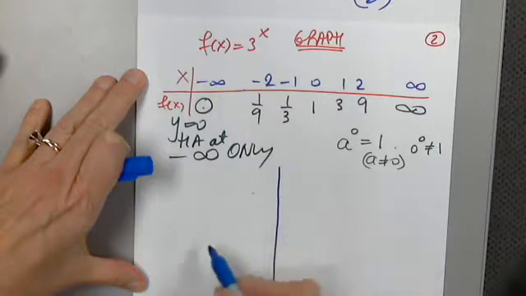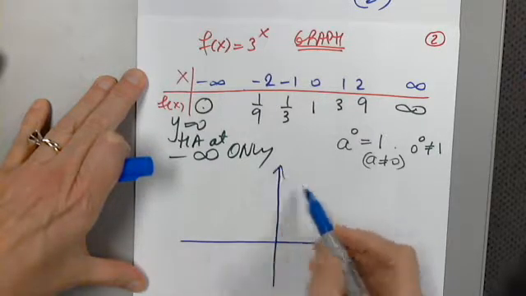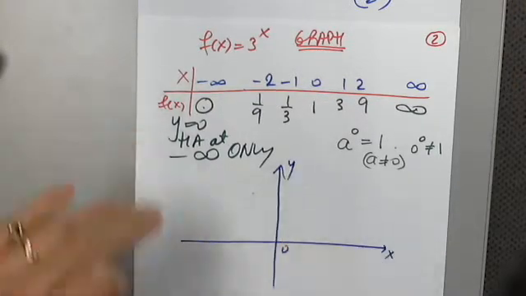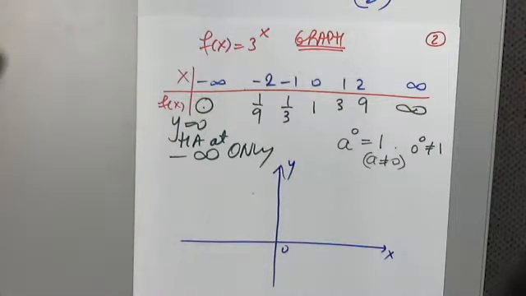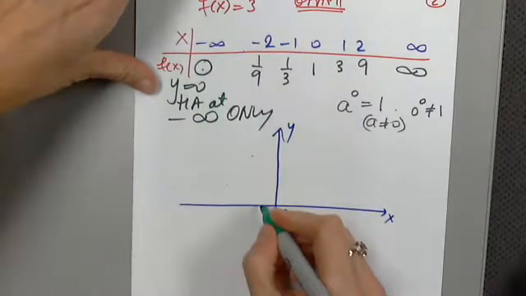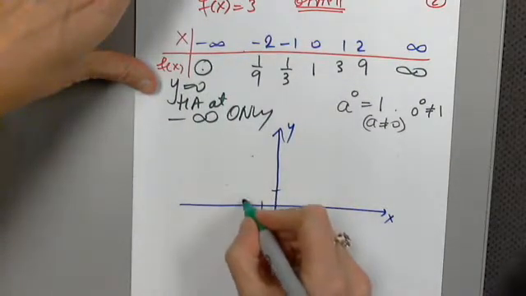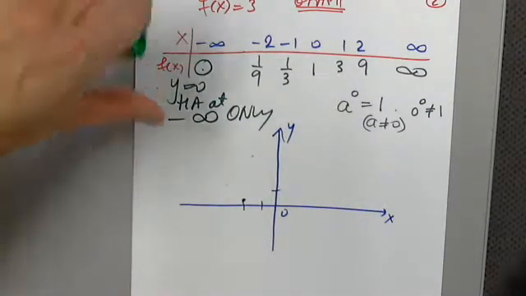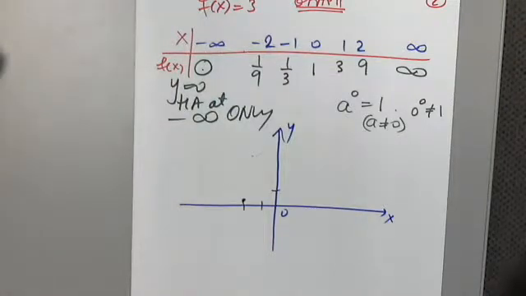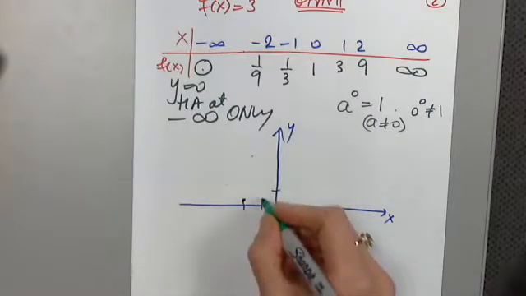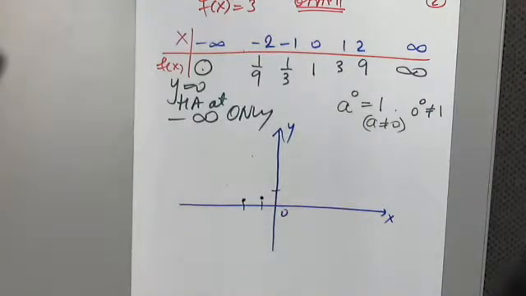From left to right, please dictate the first ordered pair. -2, 1/9. Next ordered pair. Very good. Next ordered pair.